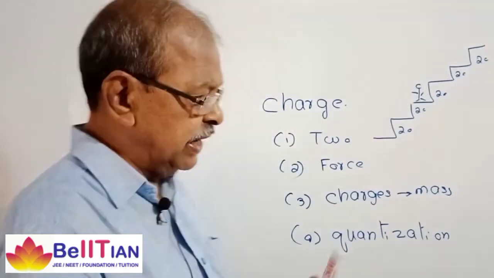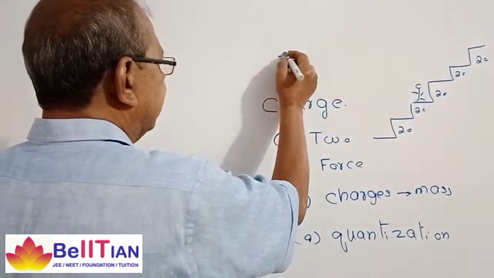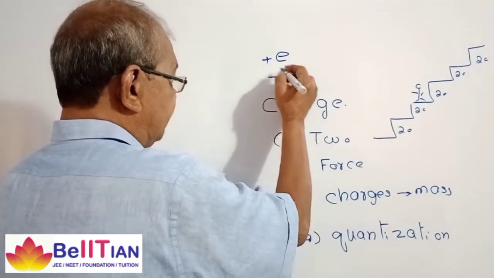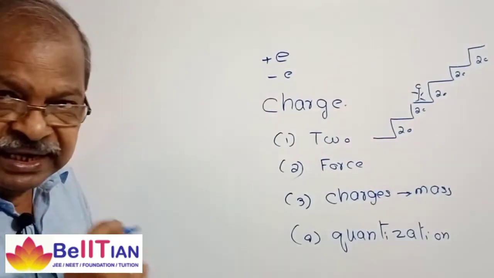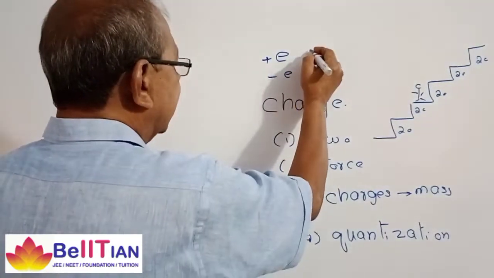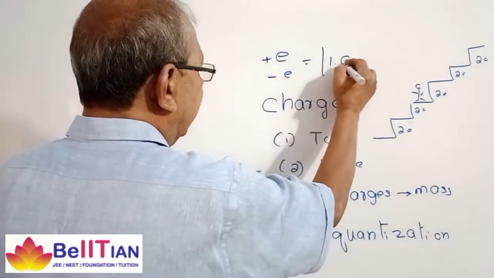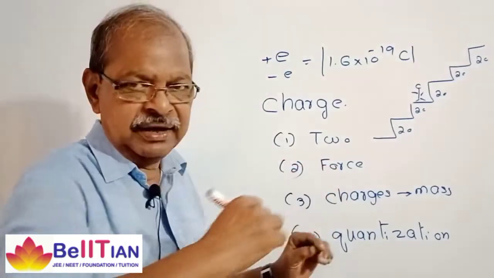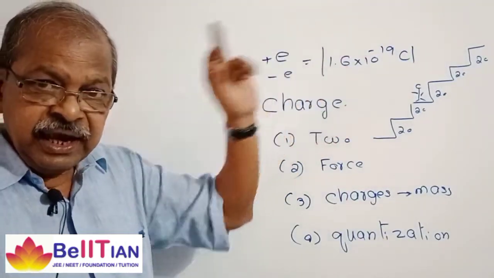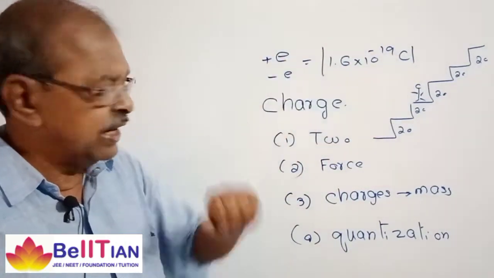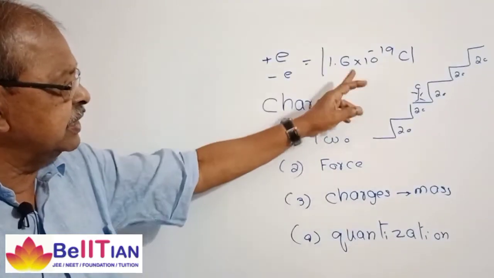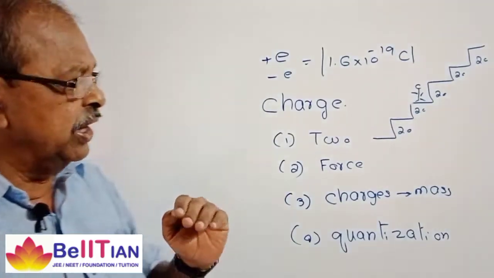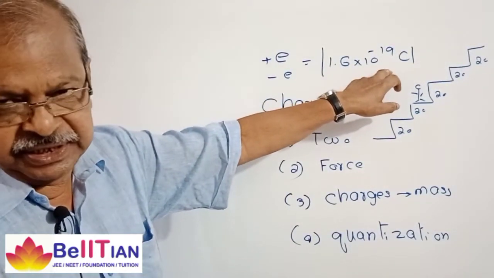Soon you will be understanding that this charge, which is represented by plus e for the proton and minus e for the electron, both have a value of 1.6 × 10^-19 coulomb. I will shortly explain this, and you have studied this value in your 10th class also. So the charges are quantized. You can increase or decrease the charge of a body only in steps of this charge.